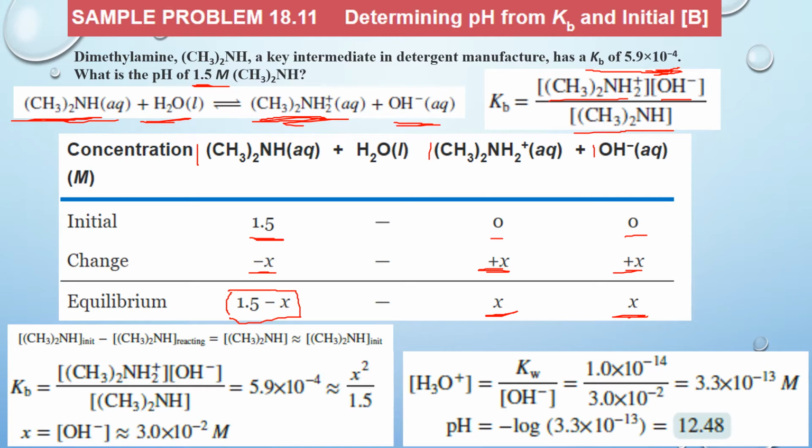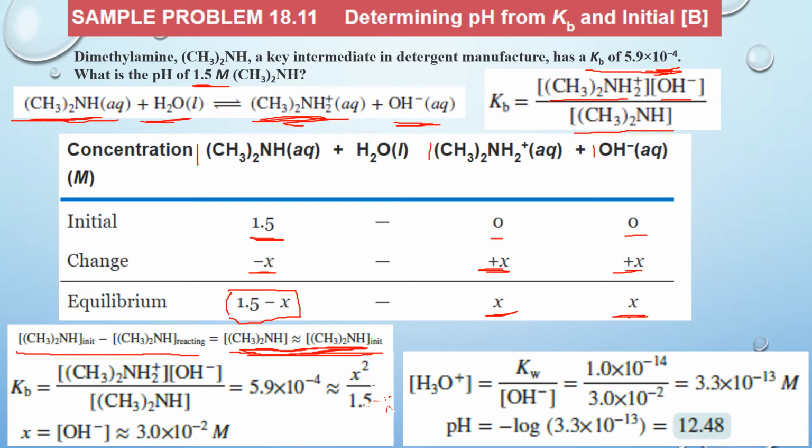The 1.5 minus x, which is the initial minus the amount lost, is almost equal to the initial concentration. So when you calculate Kb, instead of 1.5 minus x, we just use 1.5 to simplify our math. Let's get rid of this minus x.